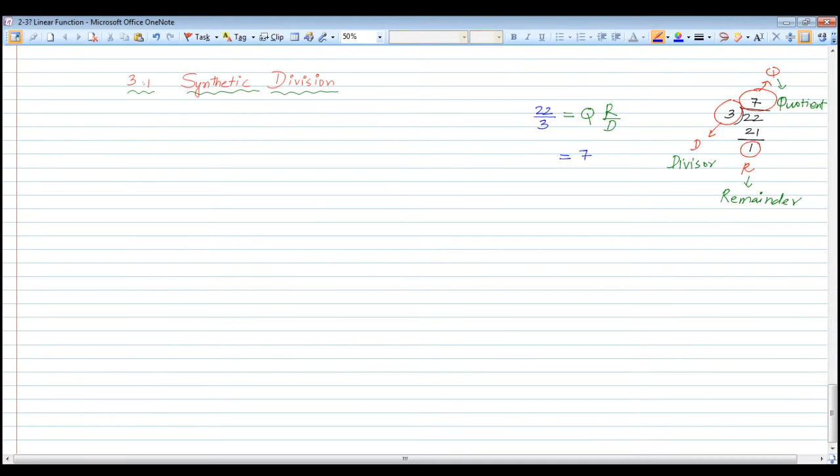It is 7, over divisor 3, and the 1. So this is a mixed fraction, right? If you do it, you will get the same thing. If you multiply 21 plus 1, you will get 22 over 3. So this is with numbers.